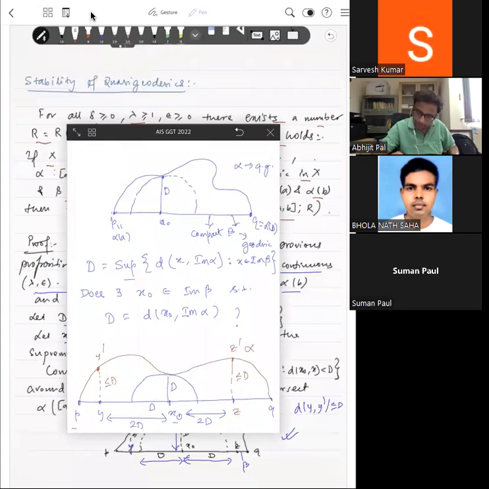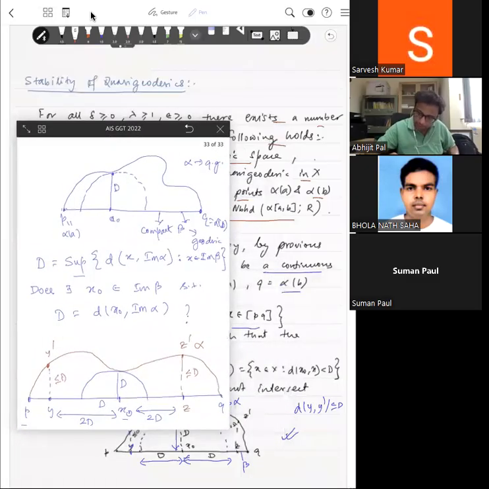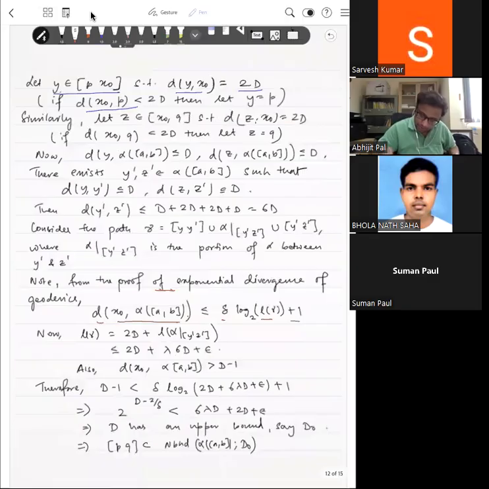Now I'm taking this path gamma: take the geodesic from y to y prime, then restrict alpha to y prime z prime, and then again take the geodesic from z prime to z.